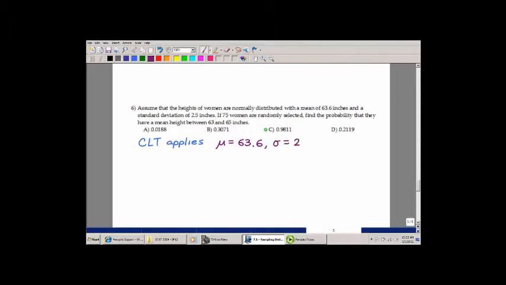Standard deviation is 2.5. N is 75. Mean height between 63 and 65. So that puts X bar right between 63 and 65.